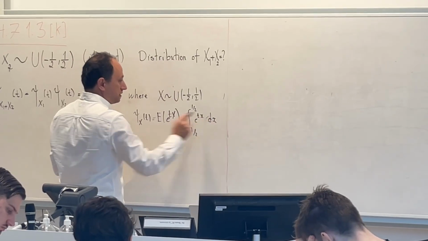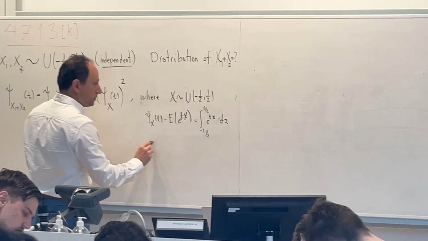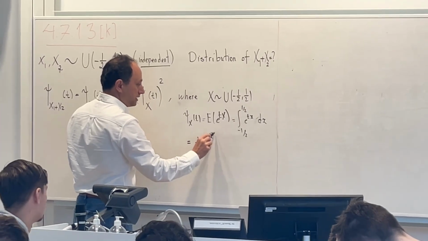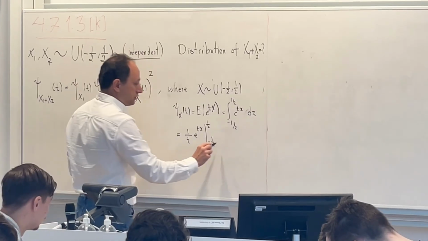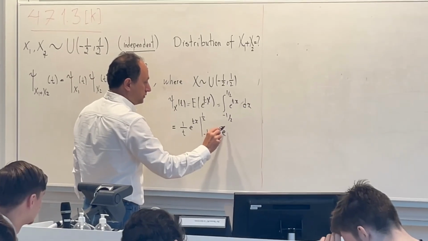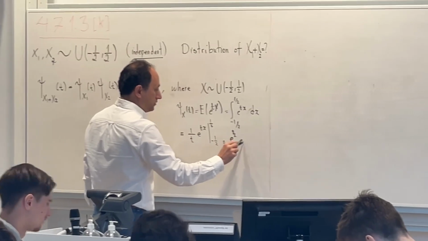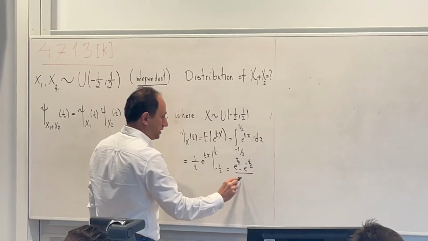Now this becomes 1 over t times e to the power tx, run from -1/2 to 1/2. So this becomes e to the power t/2 minus e to the power minus t/2, divided by t.